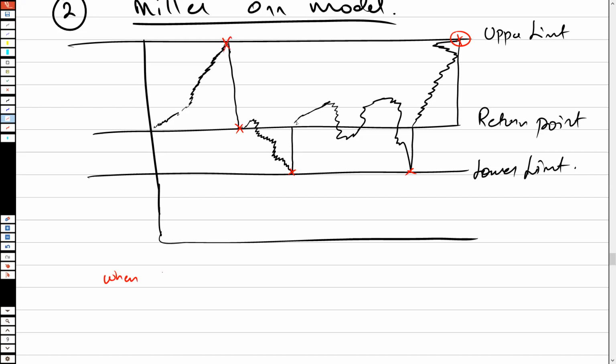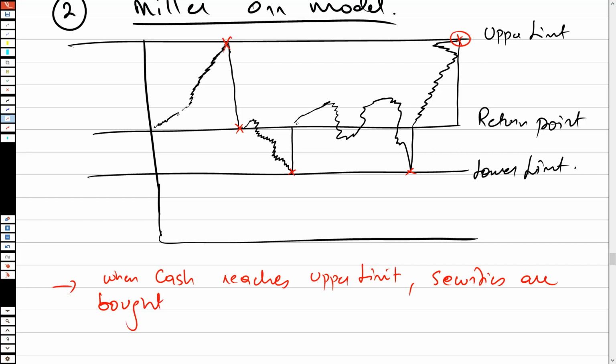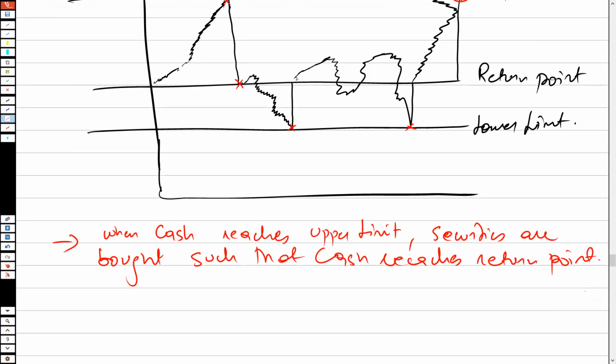When cash reaches the upper limit, securities are bought such that cash reaches the return point.